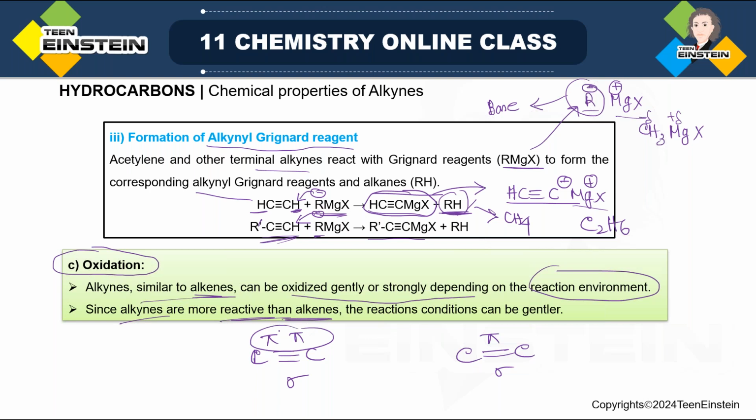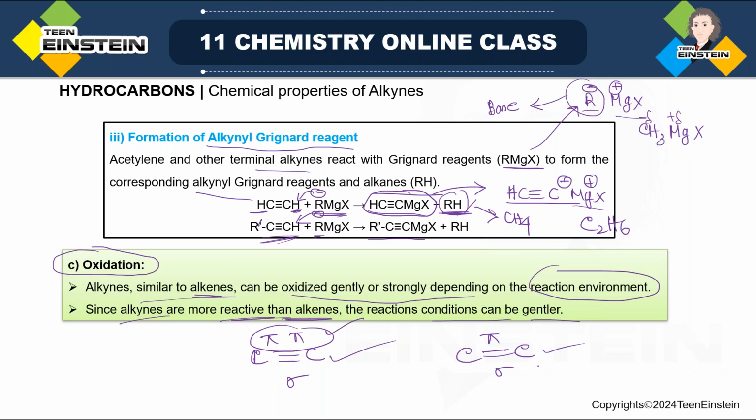If electron clouds are easily available, obviously the reaction will be better. That is why alkynes are more reactive than alkenes, because of the higher number of loosely held pi electrons. And as they are more reactive, you don't have to use very harsh conditions. Simply compare these two: because of their greater reactivity in case of alkynes, the reaction conditions can be gentler.